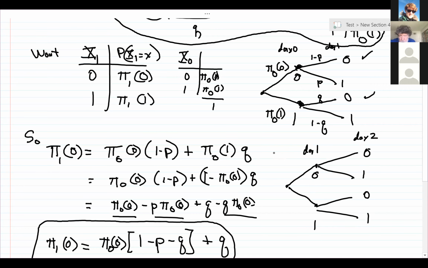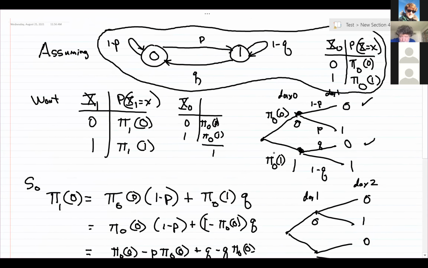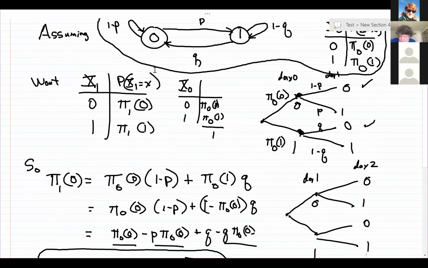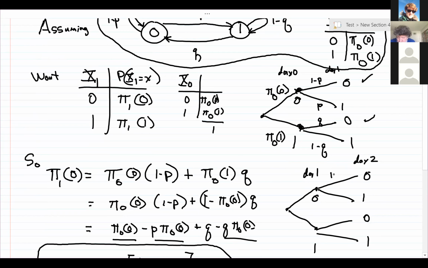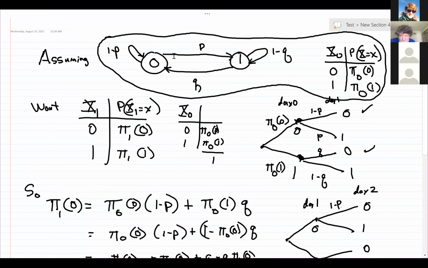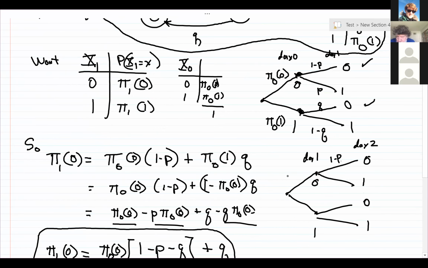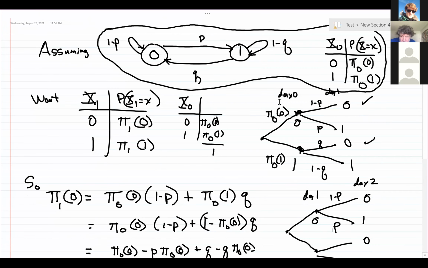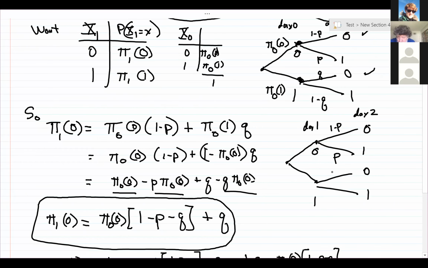The chance of going from 0 to 0 is 1 minus p. I can put that in here. The chance of going from 0 to 1, according to the picture, is p. It's the arrow going that way. The chance of going from 1 to 0, that's a transition probability, that's q. The chance of going from 1 to 1 is 1 minus q. So that part of the tree we can figure out from what we're given.